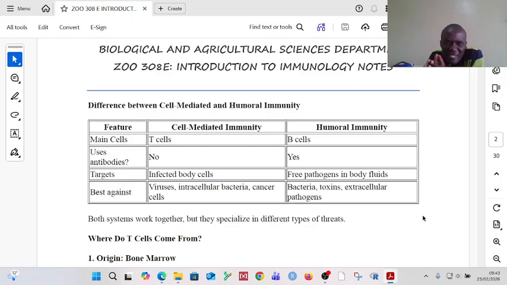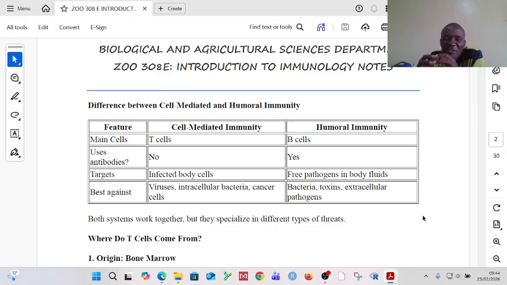The target: cell-mediated immunity targets the infected body cells. It targets the cell. But humoral immunity, on the other hand, targets the free pathogen which is found in the body fluid. Okay, so the targets are different.